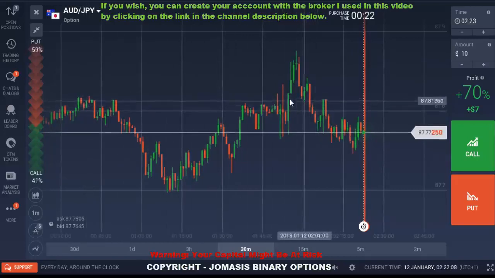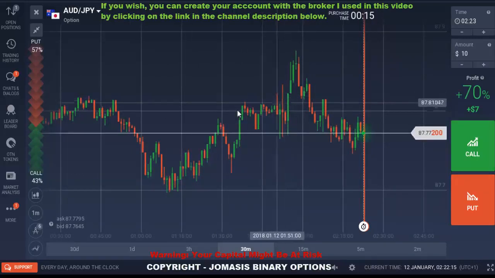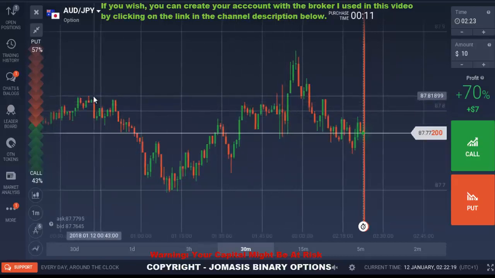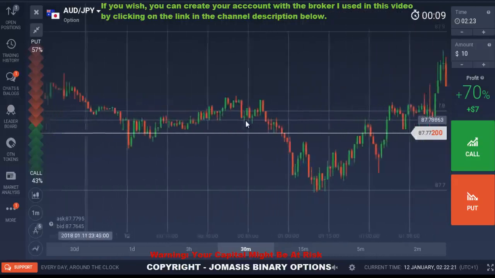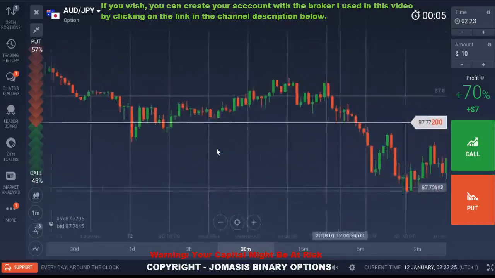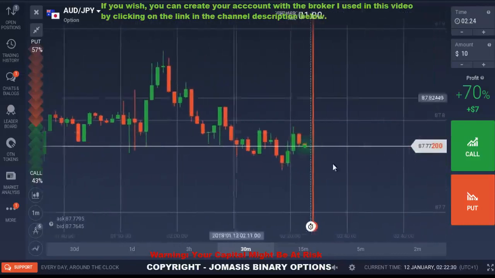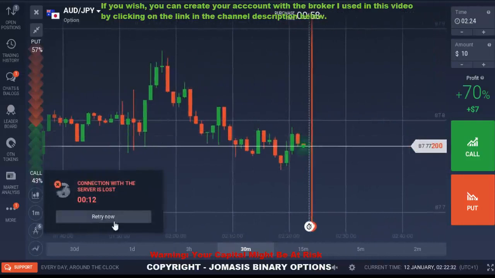these candles are not respecting the support line, so I don't need to draw the resistance. I just have to forget it and move on, and see if there is any area where I can draw my support level.